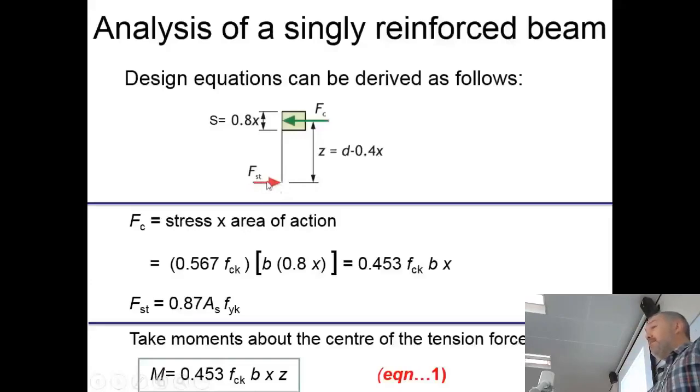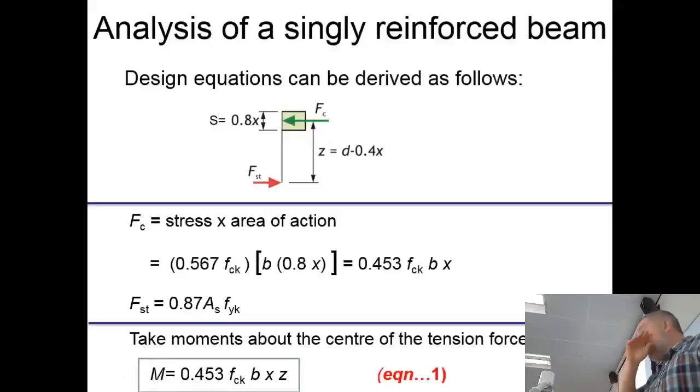What we're left with is moment is force times distance. Our distance is this z value. Now this z is called the lever arm. Just write in lever arm, z.